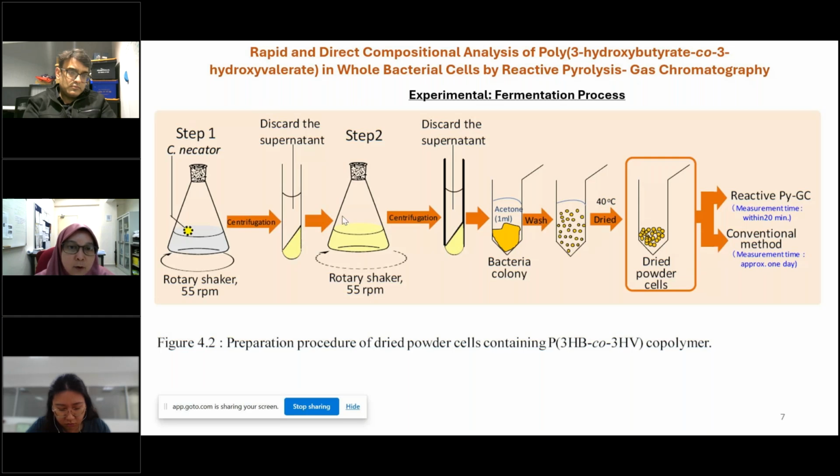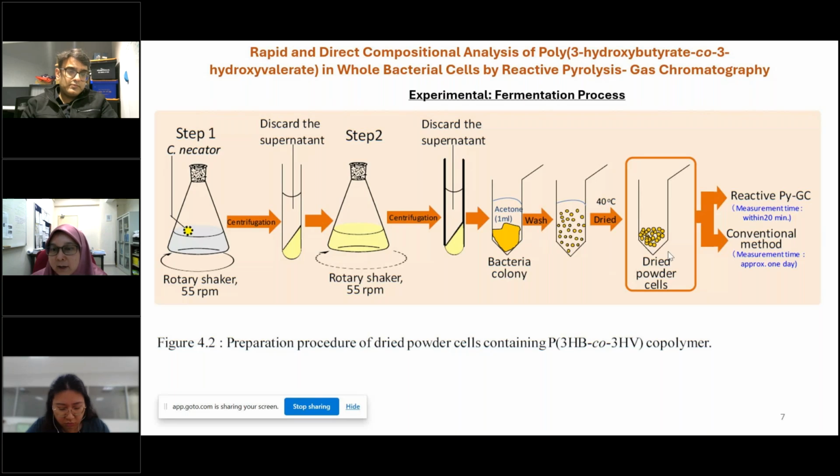In the second step of fermentation, we want to increase the production of the biopolymer inside the cells. We modify the media so that it contains a limiting nitrogen source. In this condition, the bacteria will accumulate the polymer. We centrifuge again to get only the cells, the bacterial colony. Then we wash with 1 ml acetone, then wash again to get the dried powder samples.